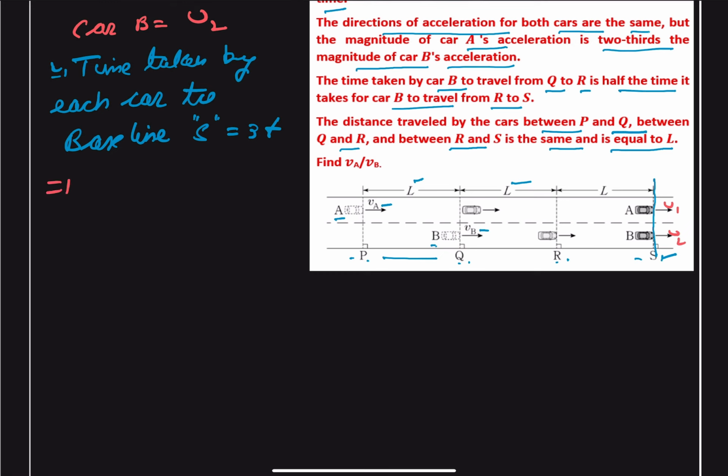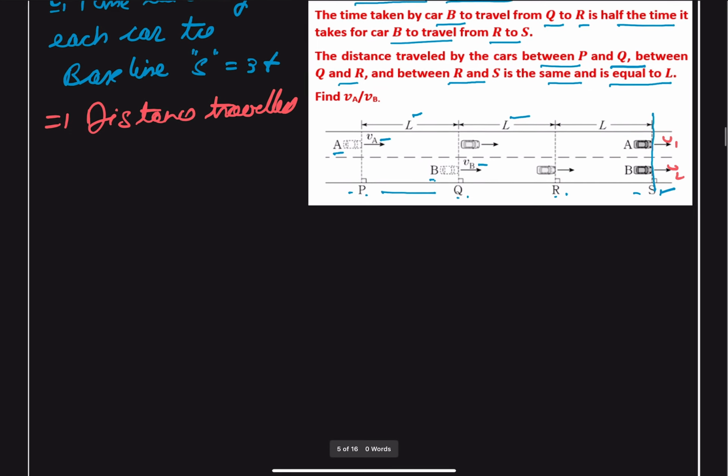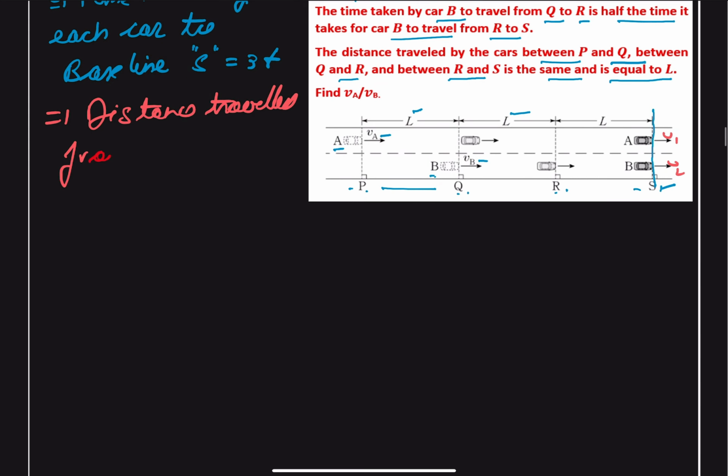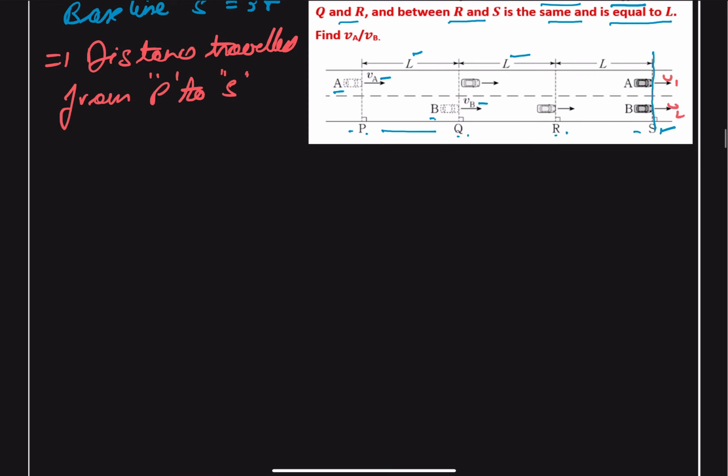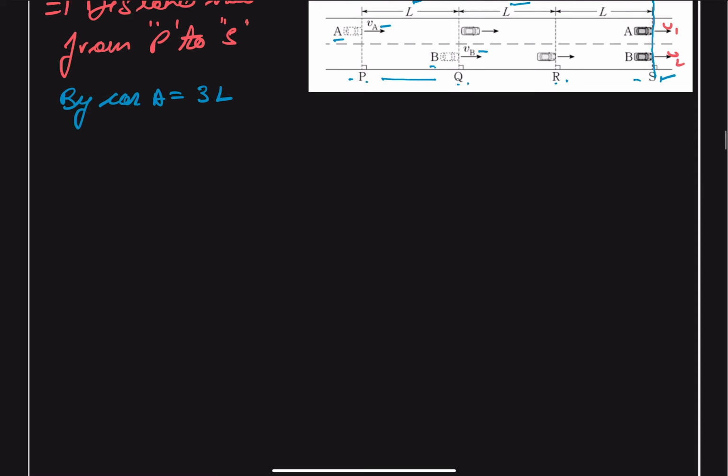Distance traveled from P to S by car A is 3L and by car B is 2L.